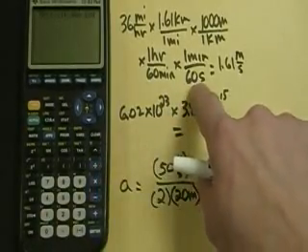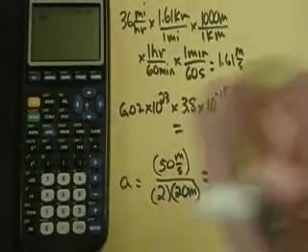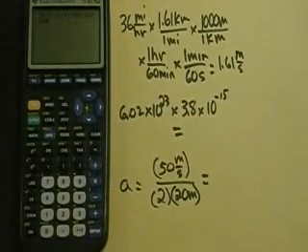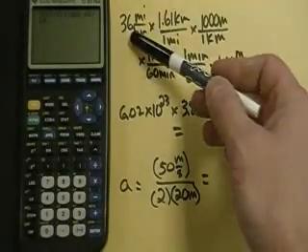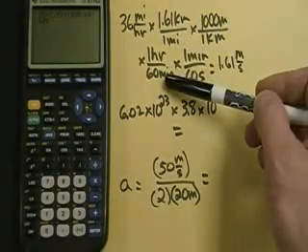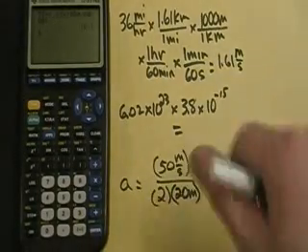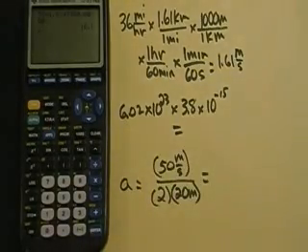And then the next one also is divided by 60. Again, anything on the top multiply by, anything on the bottom divide by. So 36 times 1.61 times 1,000 divided by 60 divided by 60, hit enter, and we get 16.1.